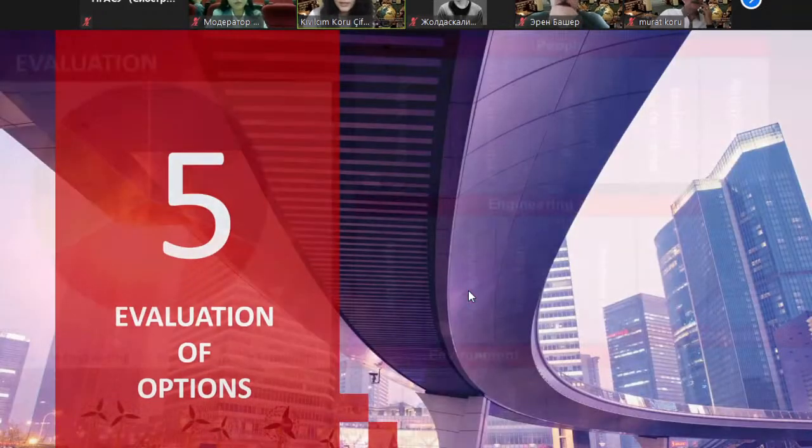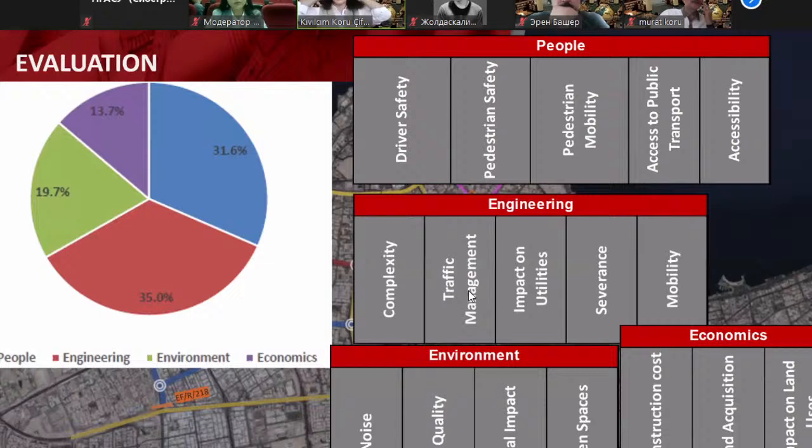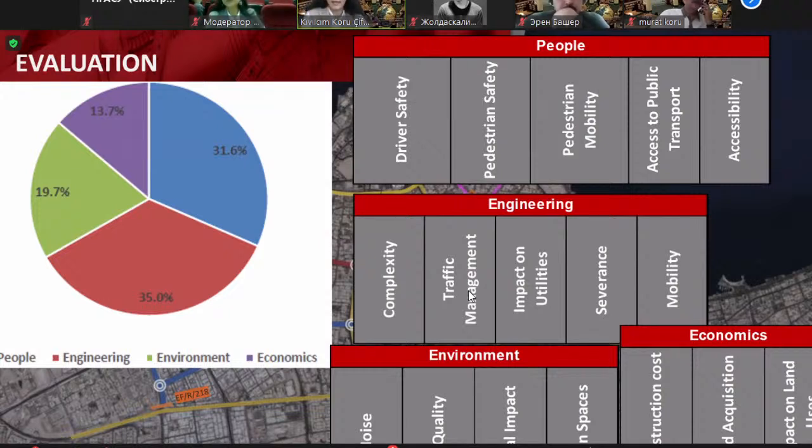So what we used during the evaluation of these 4 options: mainly, we have adopted an evaluation matrix. We developed this evaluation matrix based on the client's needs, the needs of the site, and of course the people of Kuwait. The main elements were people, engineering, environment, and economics.